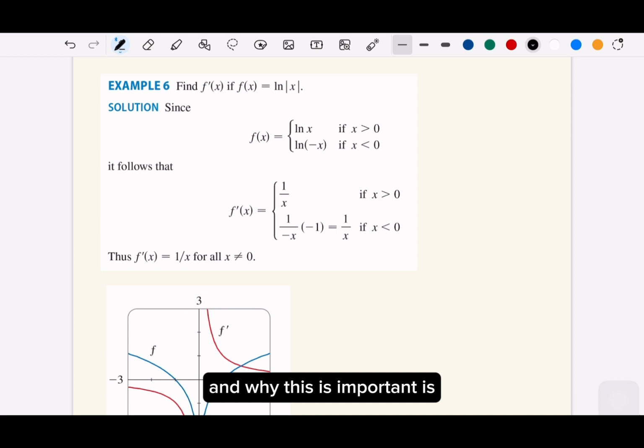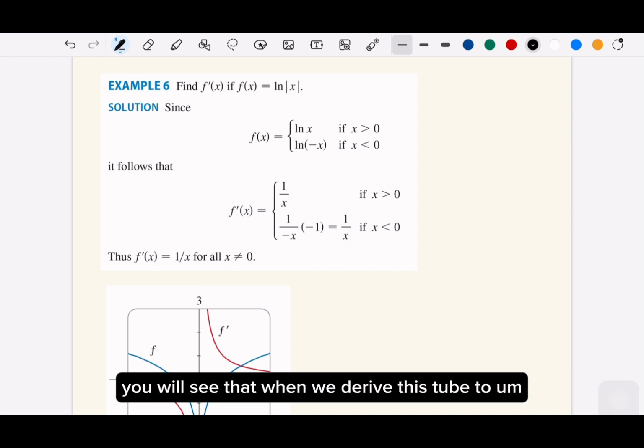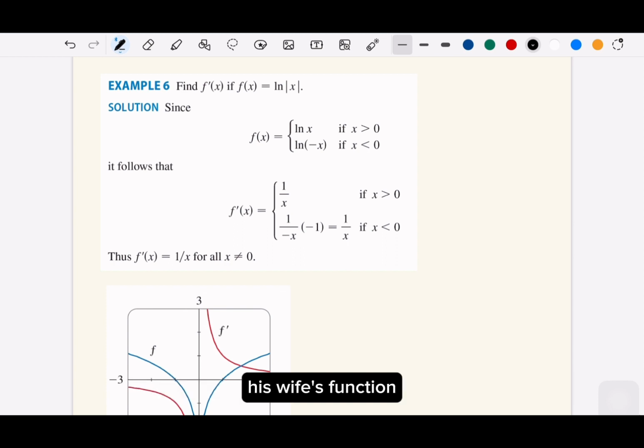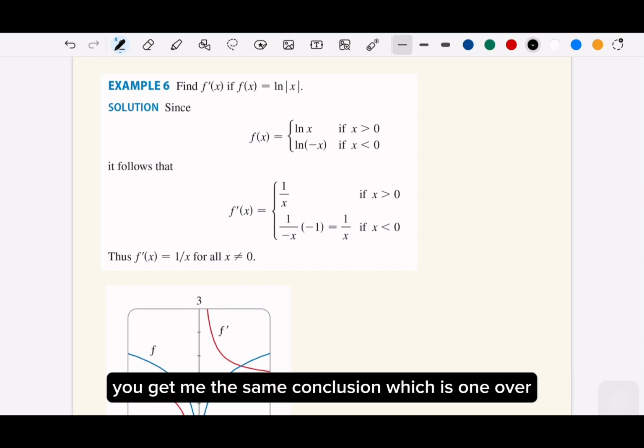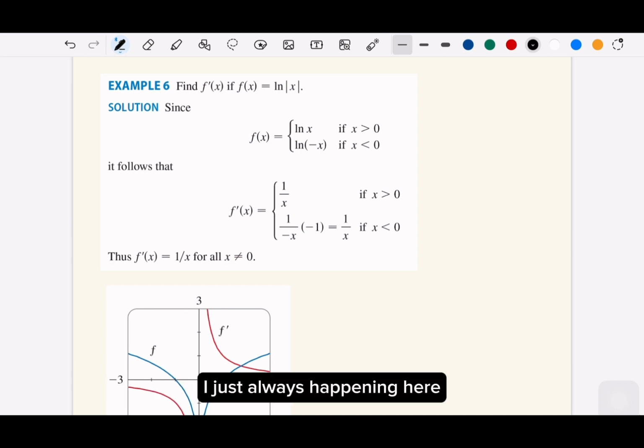Why this is important is that when we derive these two piecewise functions, we get the same conclusion, which is 1 over x. It's always happening here.